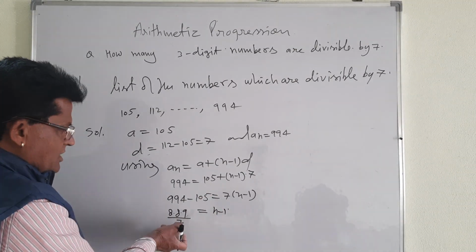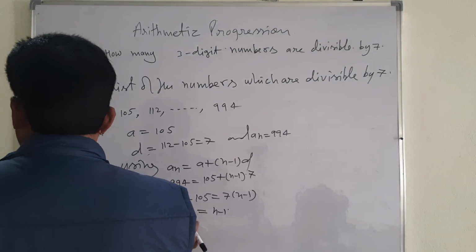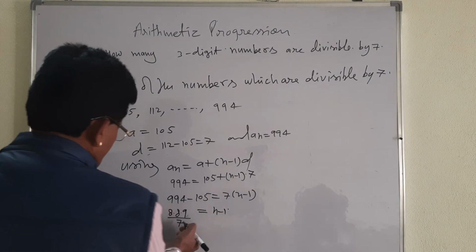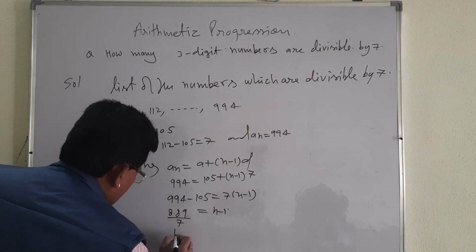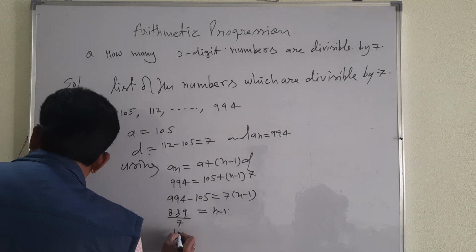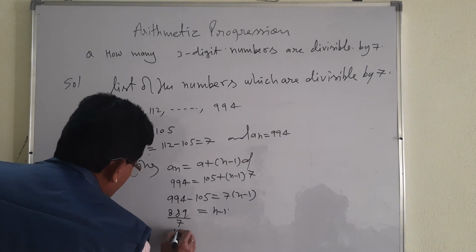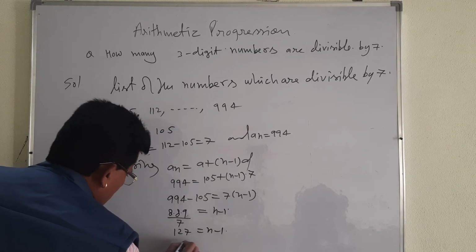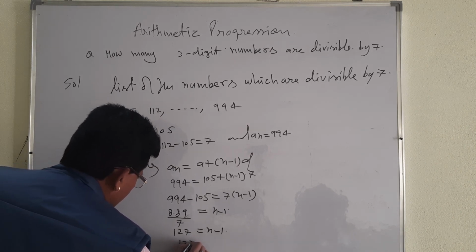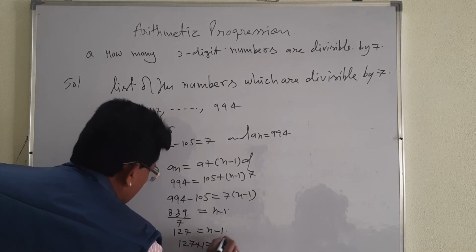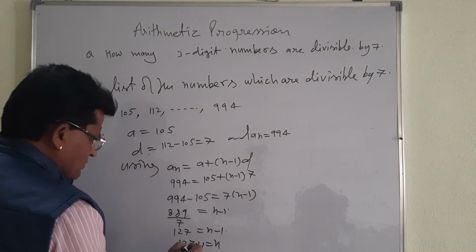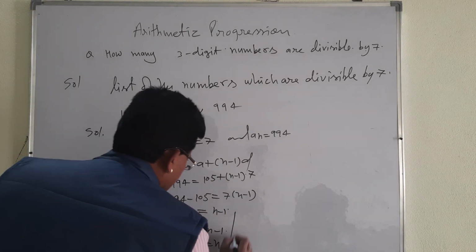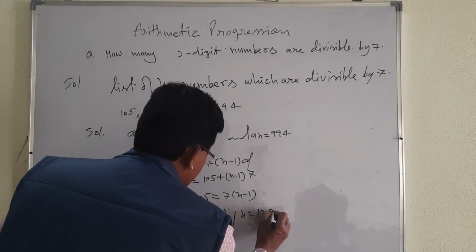It is 127. It will be equal to n minus 1, and 1 you take from the right side to the left side: 127 plus 1 will be equal to n. So n is equal to 128.